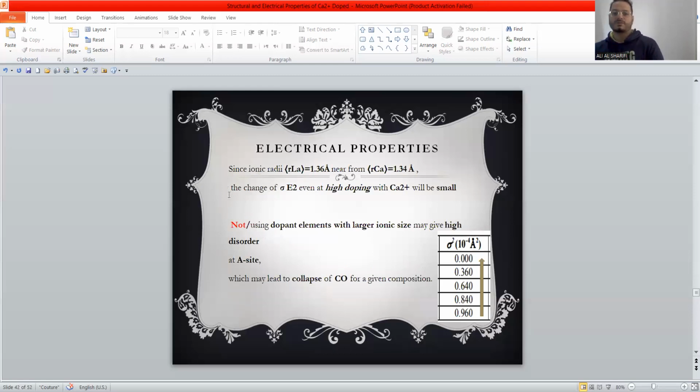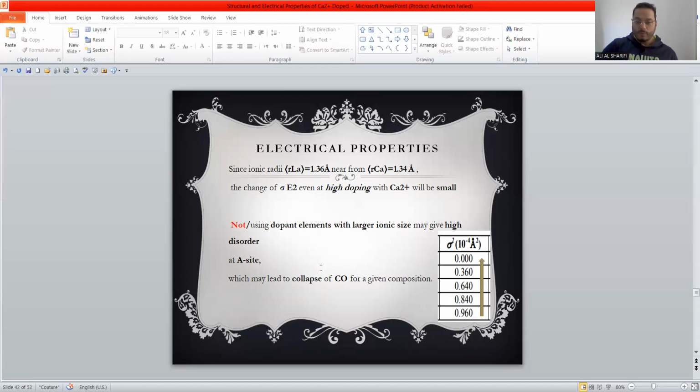Here, like I said before, the ionic radius increases from titanium 1.36 to calcium 1.434 angstrom. The change of the ionic size mismatch, even at high doping with calcium 2 plus, will be small. Why? Because the ionic radius of titanium is near the ionic radius of calcium.